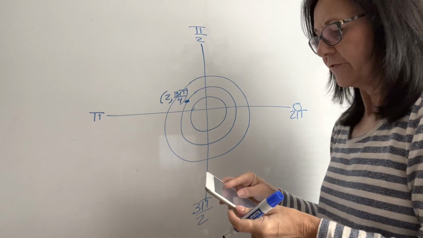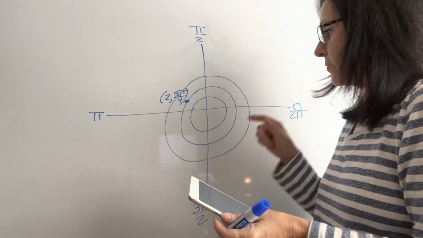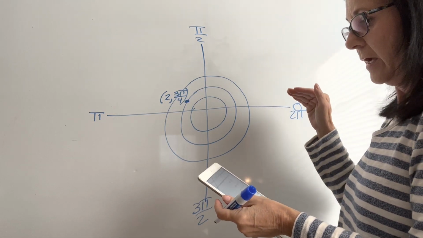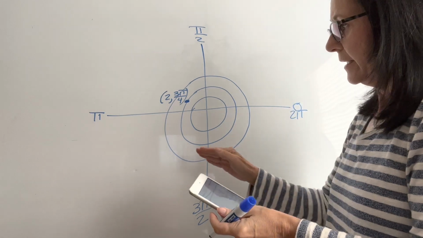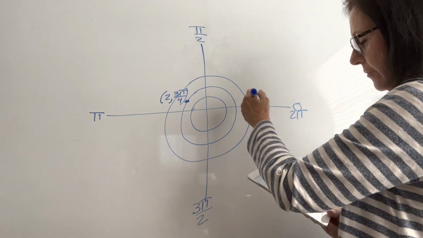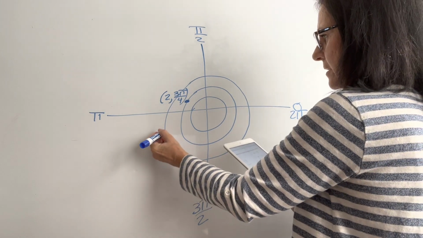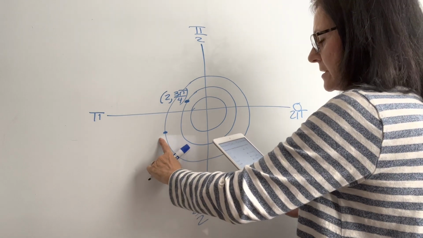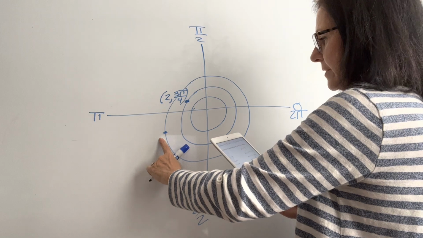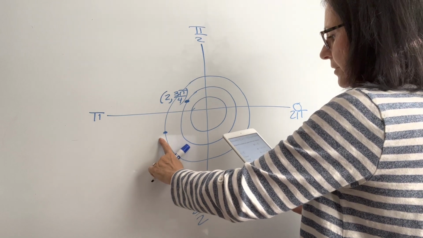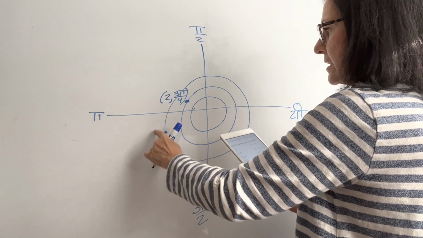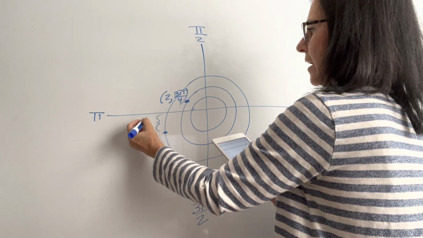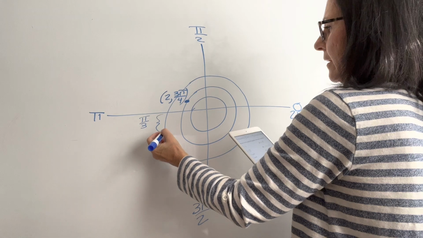All right, (-3, -2 pi over 3). So we're going backwards. 2/3 of a pi negative goes in this direction. We're on the third ring. So it's about here. But because the r value is negative, we go in the adjacent quadrant. So this really, from here to here, is pi over 3.